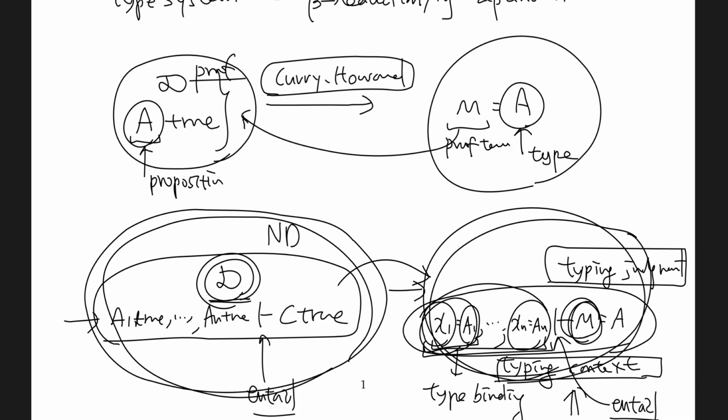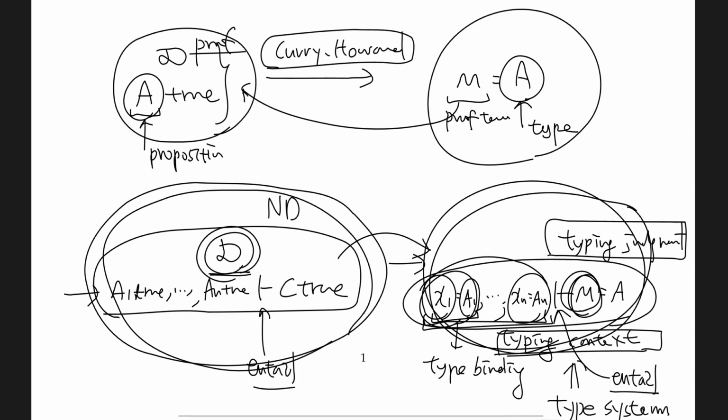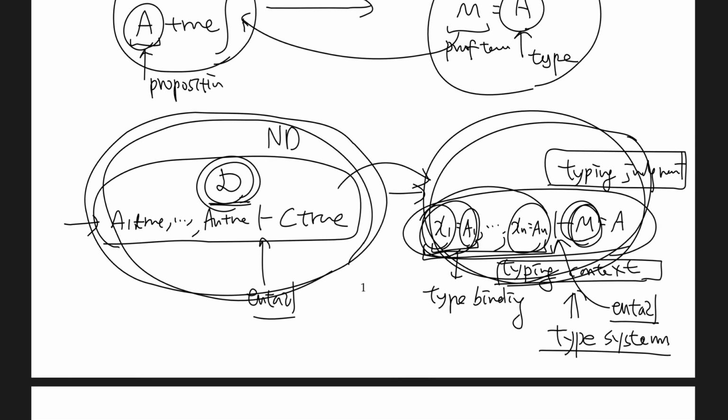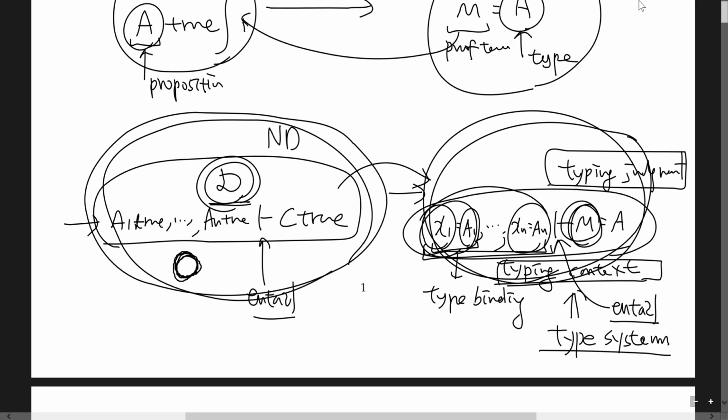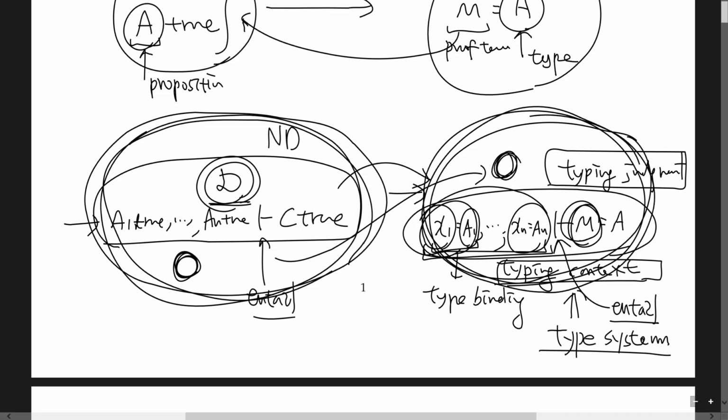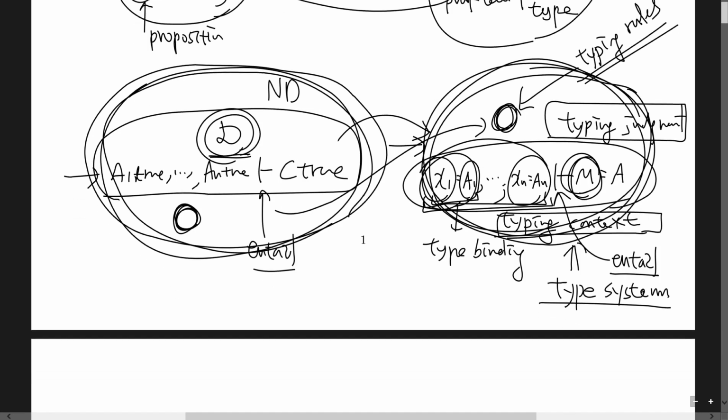So that's the basic plan. So let's try to translate the inference rules in this system to obtain inference rules in this type system. So later we will call these inference rules typing rules. So let's do this.